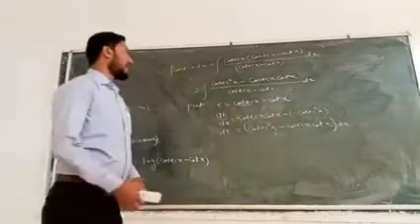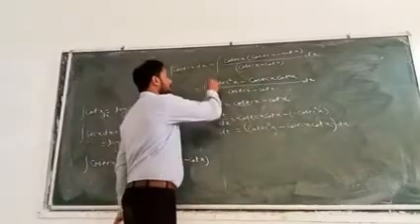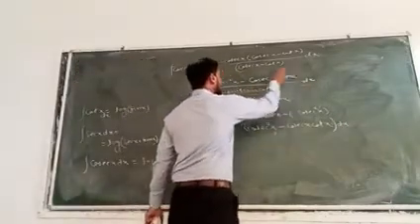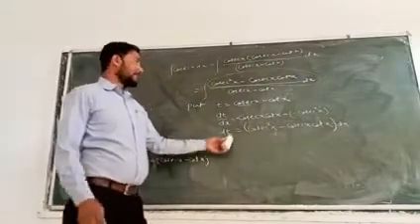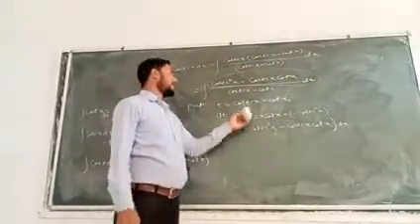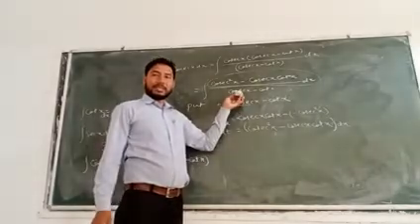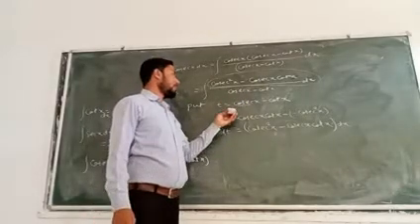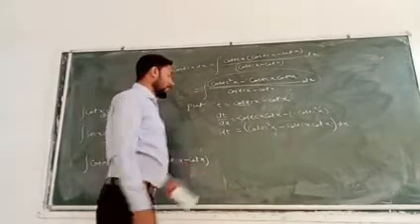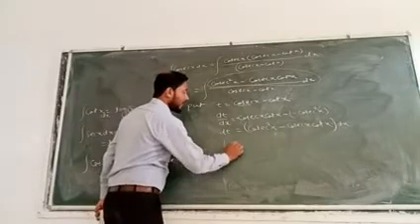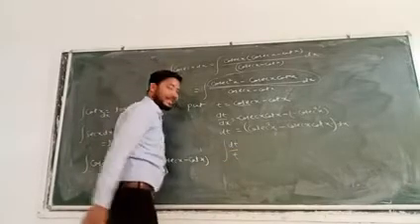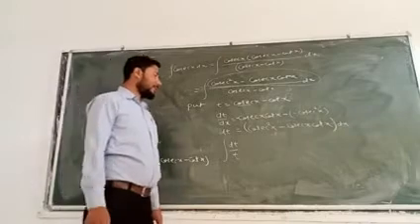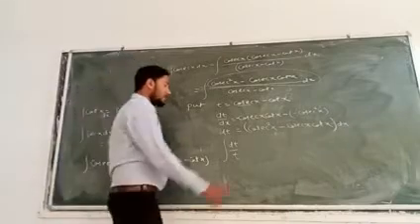Now you can see that the numerator of the given expression is similar to dt, and for the denominator we put the value t. Then we can write it in the form dt upon t.